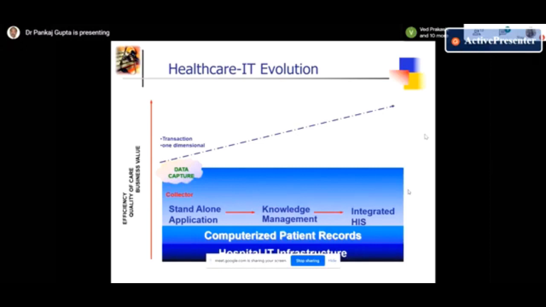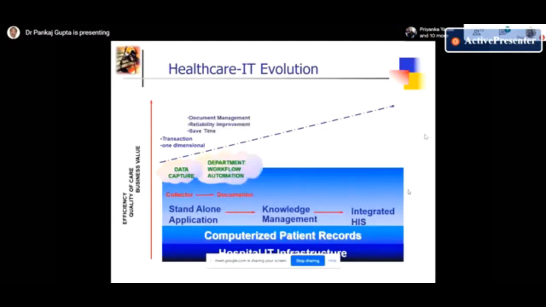So that's a typical data capture system. From a maturity model, it sits very low in the hierarchy. But in India, a lot of these systems are still at play, and they're just data capture systems. They put out a form, they accept a certain amount of data in a certain format, and that's it. They can't do anything else. So these are standalone applications, transactional and one-dimensional in nature.